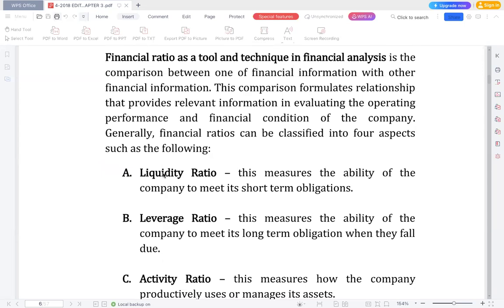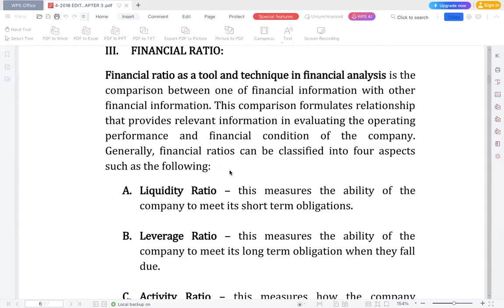So going back, financial ratio as a tool and technique in financial analysis is the comparison between one financial information with another financial information.